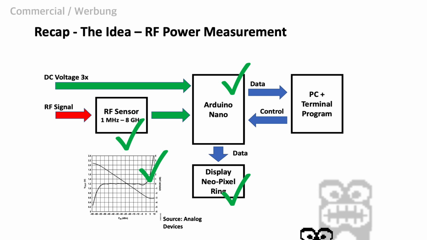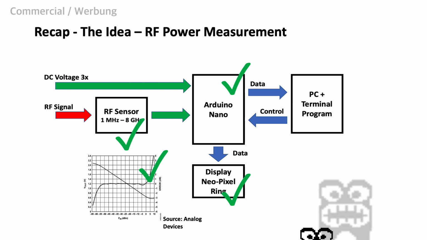Let's recap briefly the status. In the previous episodes, we covered everything from the basic idea to the concept and the hardware realization of our little device. We understand the principle and the function of all components for our project now.